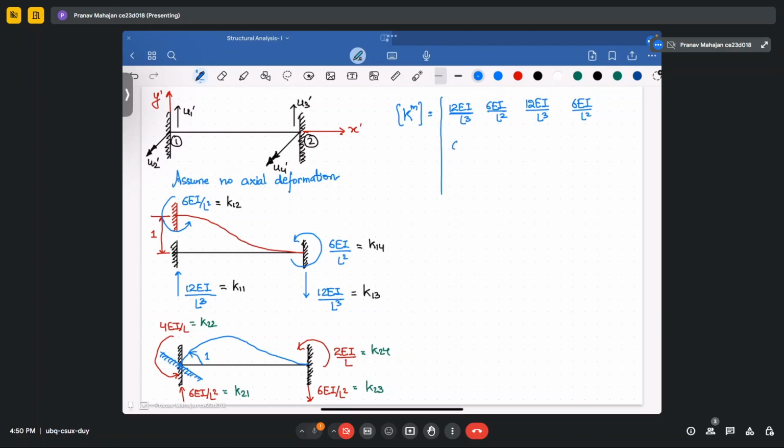For node 1 rotation, what you have received is 6 EI upon L square, 4 EI upon L, then minus 6 EI upon L square, and then 2 EI upon L.